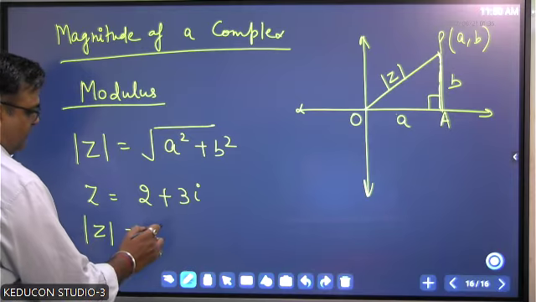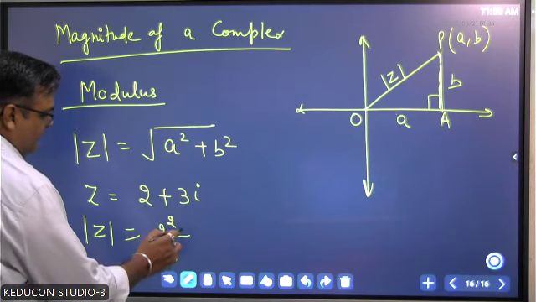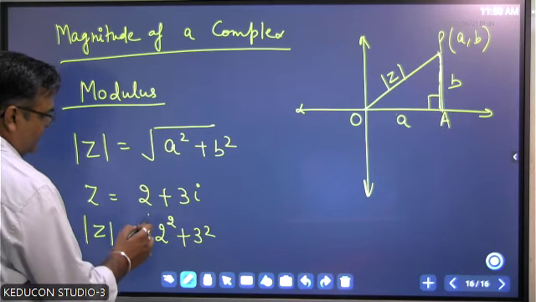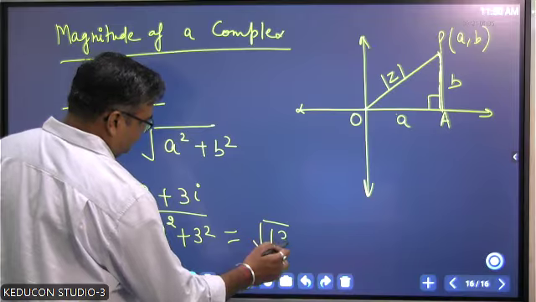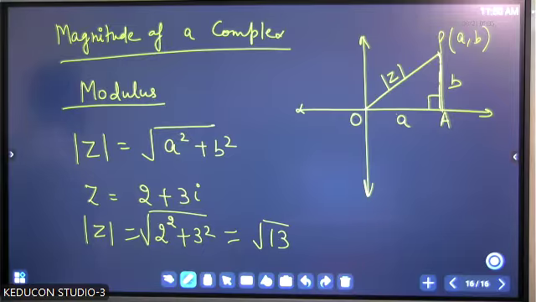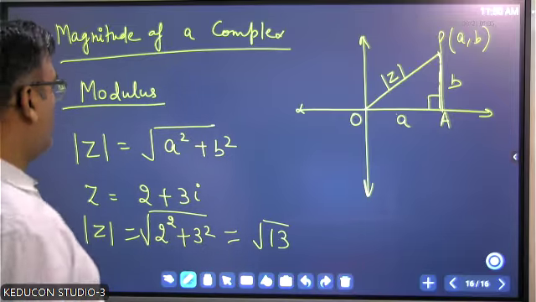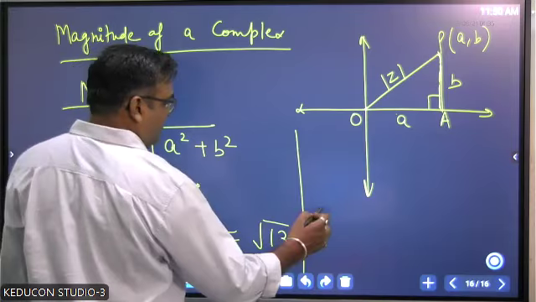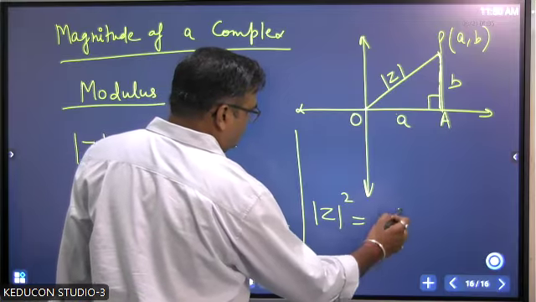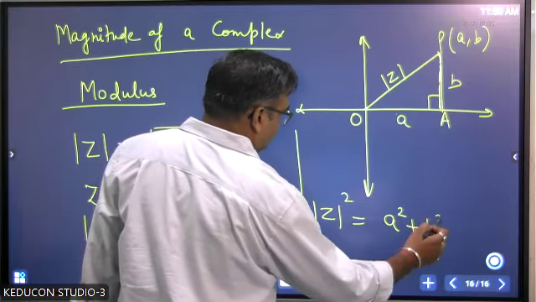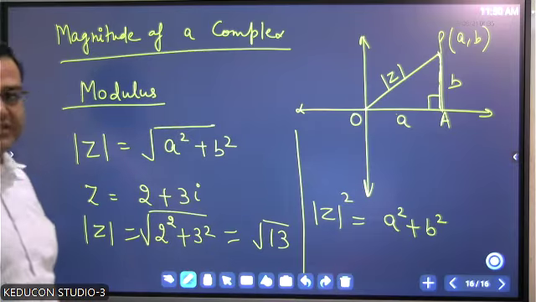What will be the modulus? Under root of 2 square plus 3 square. So that comes out to be... Is this clear? Any doubt in this, students? Now, if you take the square of this modulus, what will it be equal to? a square plus b square.